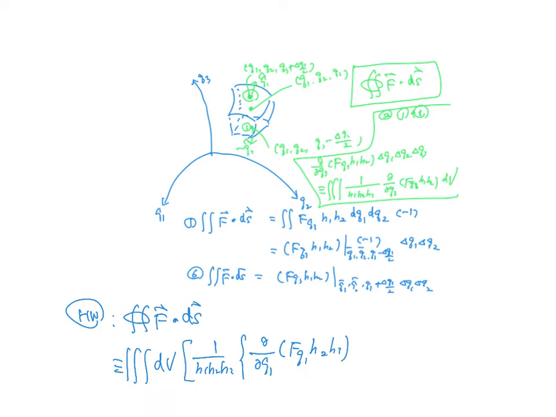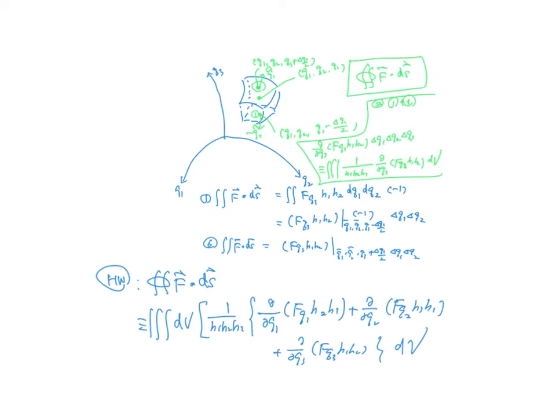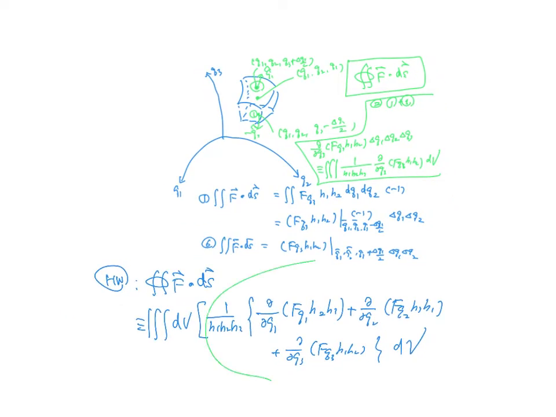Let me check. Right. Plus partial q2 F q2 h3 h1, plus partial q3 F q3 h1 h2, dV. So basically this is the divergence of F.